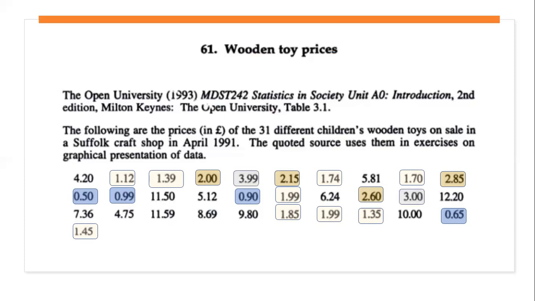We had a pair of toys that cost at least 3 pounds, but less than 4. We had another pair of toys that cost at least 4 pounds, but less than 5. Another pair of toys that cost at least 5 pounds, but less than 6. And then from there on, one toy that cost at least 6 pounds, but less than 7. One toy that cost at least 7 pounds, but less than 8. And so on and so forth.